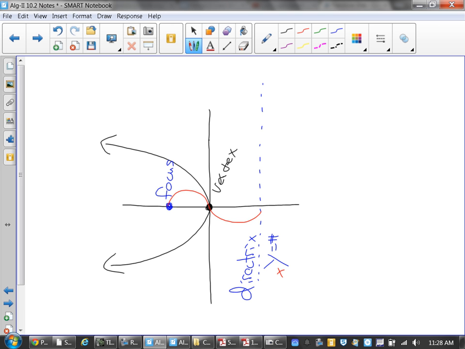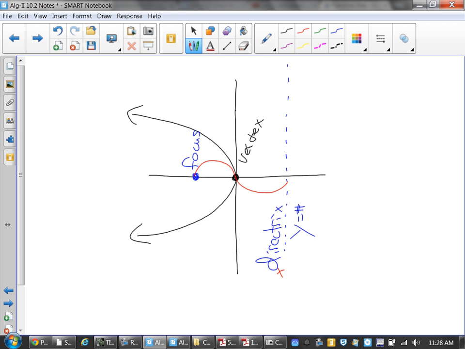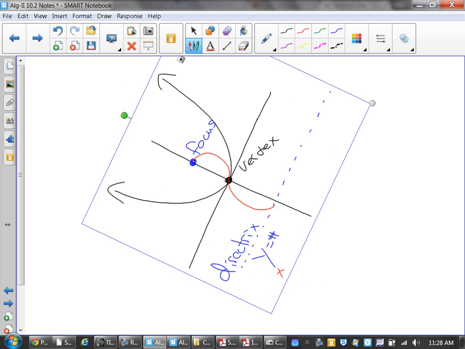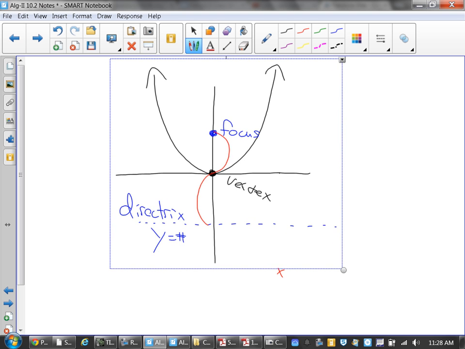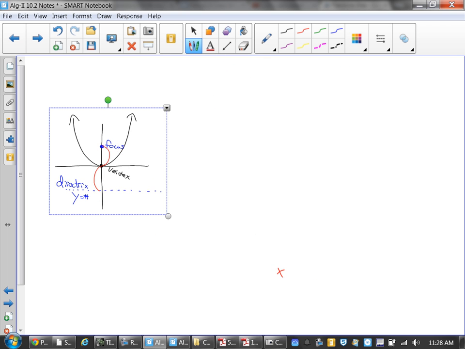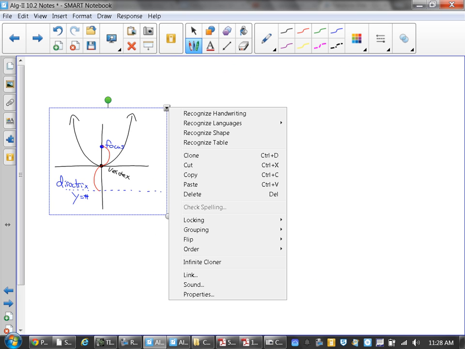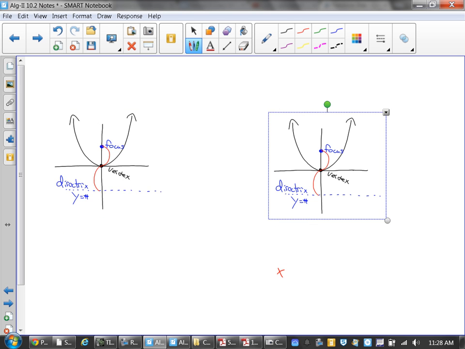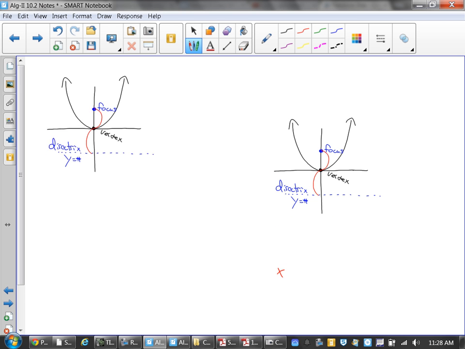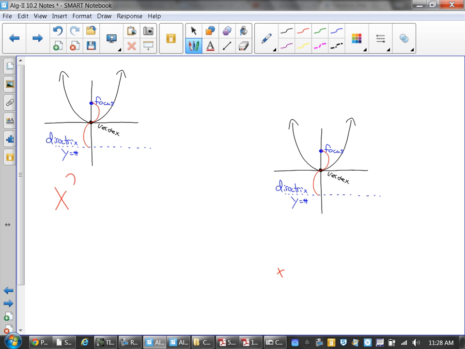All right? This gives us two new forms of an equation. This is going to give us two different forms of equations. We're going to have an x squared equals 4py.